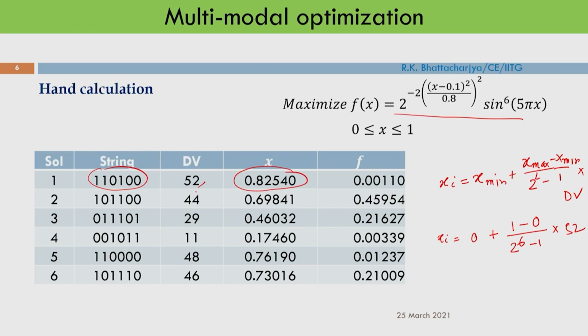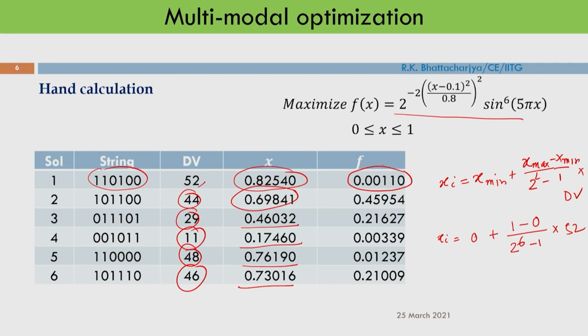For the second one the decoded value is 44 and the x value is 0.69841. The third one has decoded value 29 and x value 0.46032. The fourth one is 11 and this is 1.17460. This is 48 and this is 0.76190, and this is 46 and this is 0.73016.